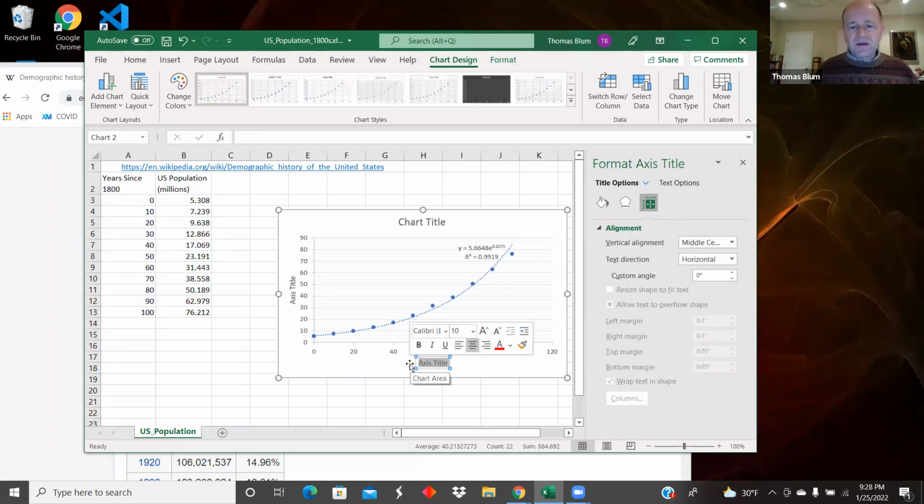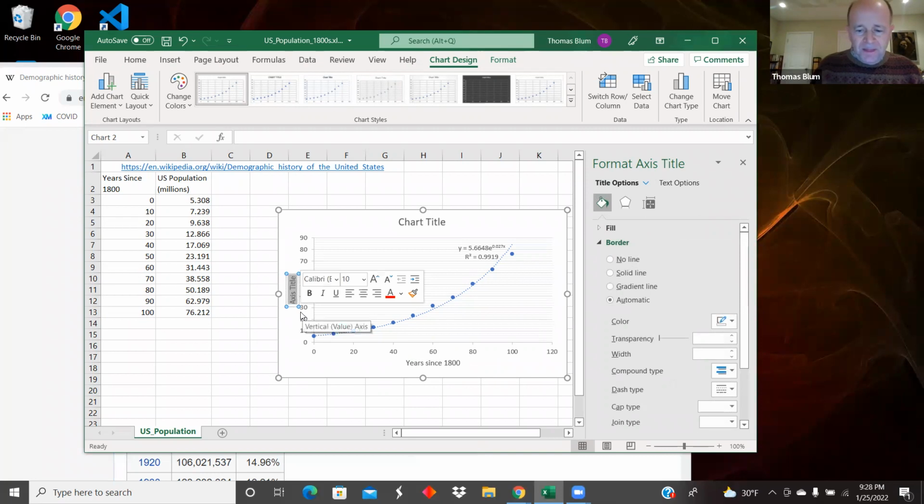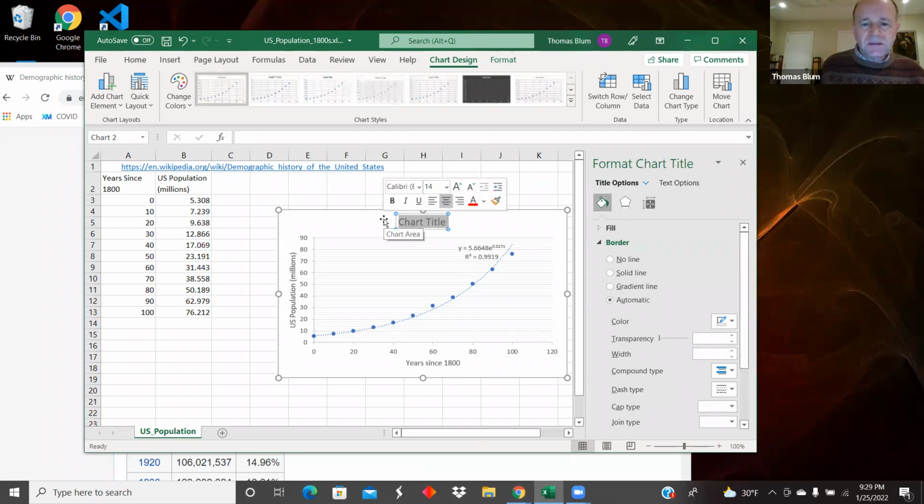This is years since 1800, we'll say, and this is population, US population in millions, and I'll say US population 1800s, and I'll say Wikipedia data.